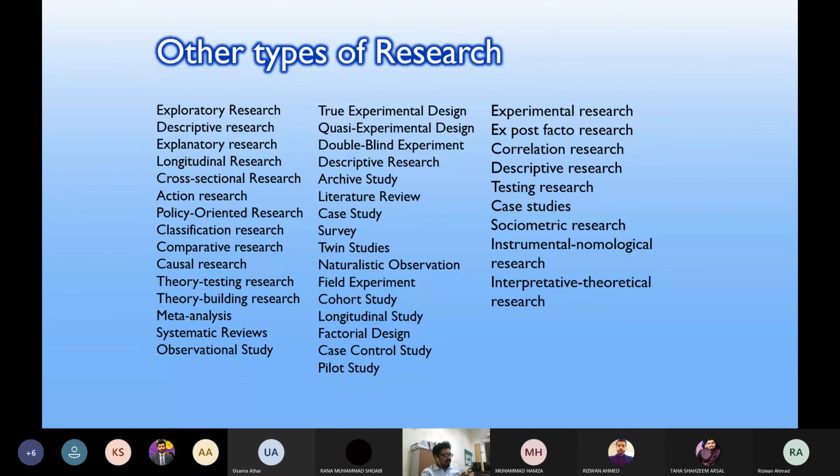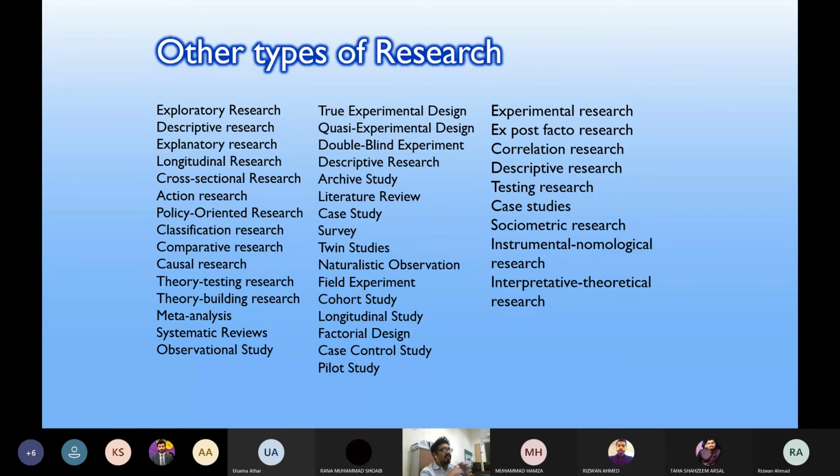Now these are some other names of some other types of experiment research design. Most of them have overlaps with the research I've already described. But these terminologies you might be seeing in the future, so don't get confused with that.